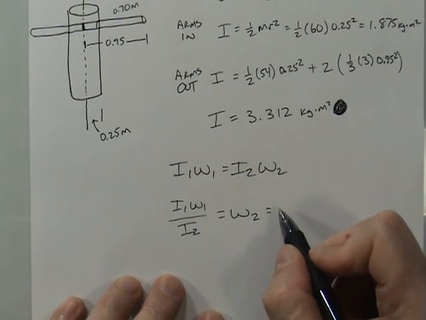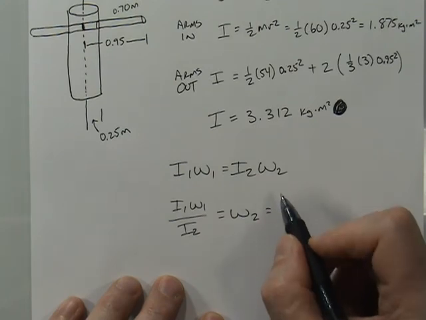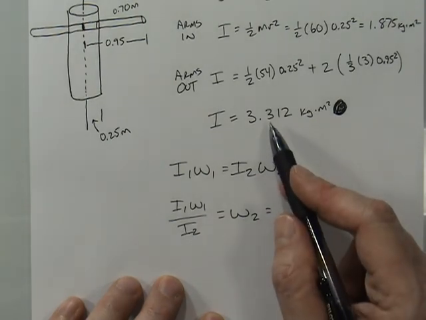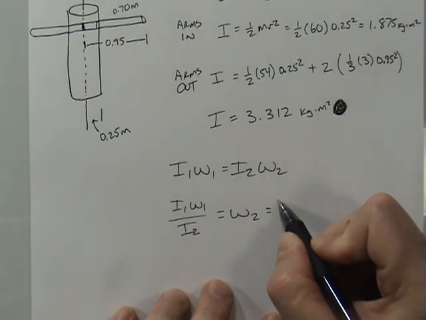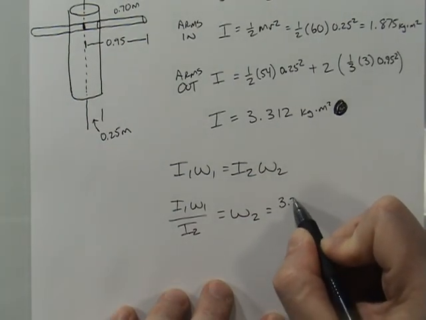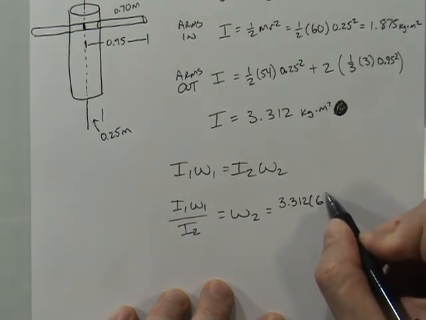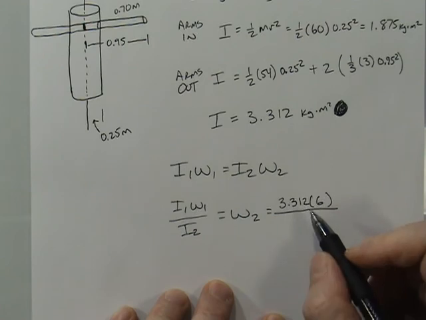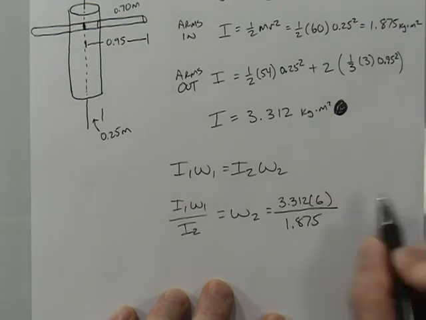So on this side, we'll have the initial moment of inertia, which was arms out. Remember, the skater always starts with their arms out, and that is going to be 3.312 times the initial, which is going to be 6, divided by 1.875.